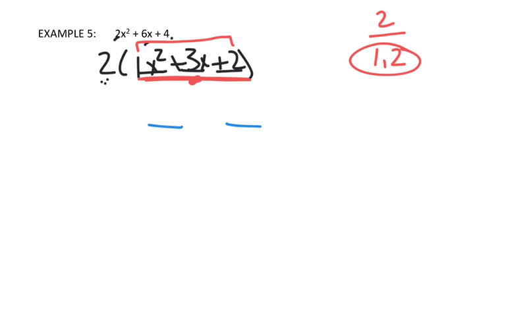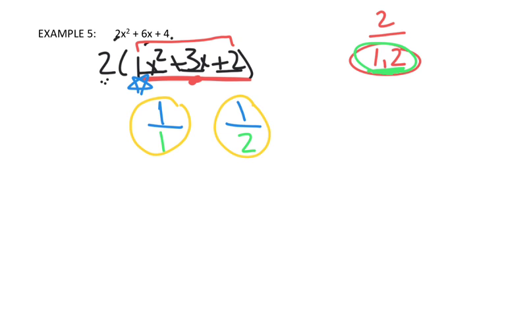So when we make our fractions this time, our a value is what's inside the parentheses, which is 1. So that's our numerator. Our denominator is our factor pair over here. So positive 1, positive 2. On the first one, 1 divided by 1 will give us 1, but we want to leave it a fraction. So we're going to leave that one alone. The second one, 1 divided by 2, 1/2. That doesn't reduce either.